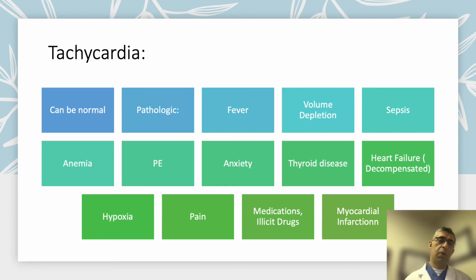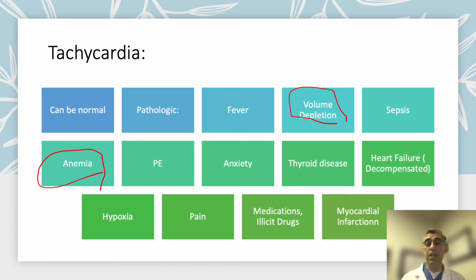But when we talk about a disease problem, definitely something inflammatory. When we have fever, when we have dehydration, what we call volume depletion, this is going to be a situation we call sepsis. Having some fever, we have a lot of inflammation. Very, very important. When we have anemia, we definitely have this problem of an elevated heart rate.